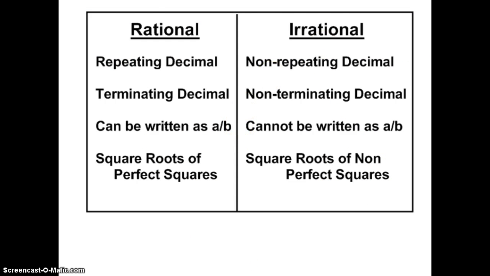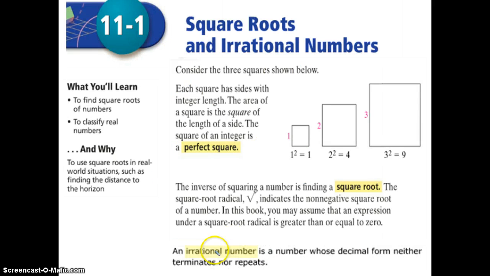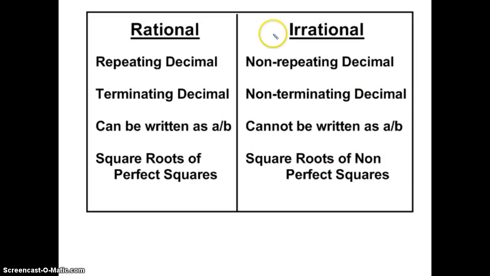Now we're going back to irrational numbers, and it says back here, an irrational number is a number whose decimal form neither terminates nor repeats. This is a great thing you can write in your notes. We talked about this in the previous chapter: rational numbers are repeating decimals or terminating decimals, which means they repeat or they just end, can be written as a fraction, or they are, now we can add this part, square roots of perfect squares.